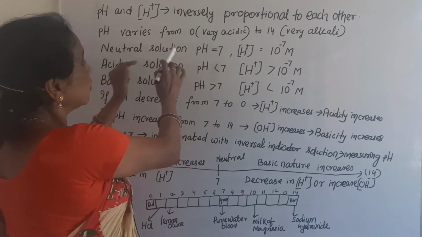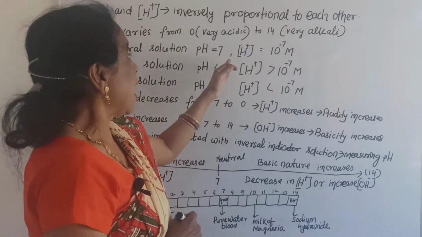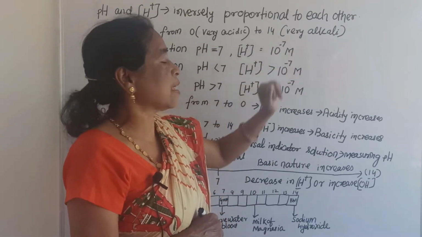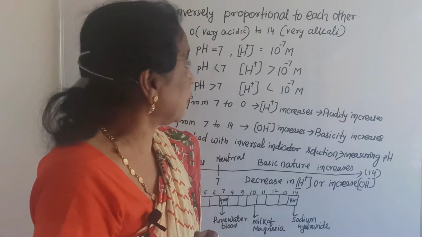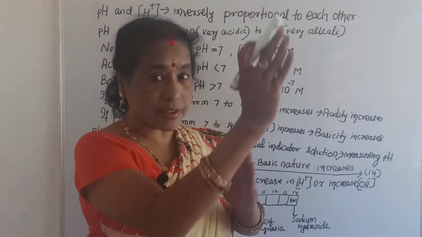That means for a neutral solution, pH equals 7 and the H plus ion concentration is 10 to the power minus 7 M, where M is the molarity. Now for an acidic solution, pH is less than 7, where 7 is neutral.